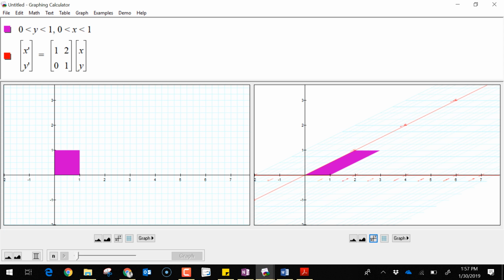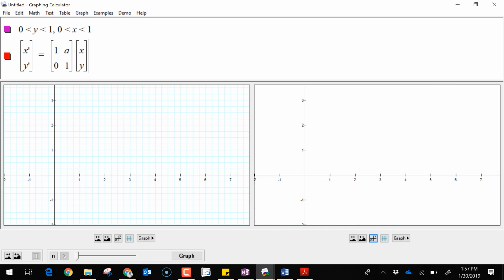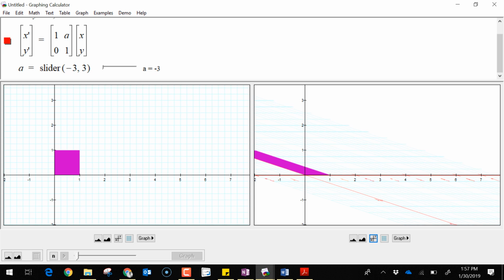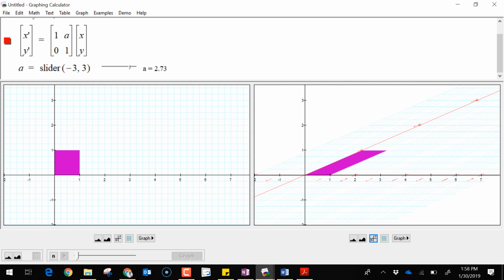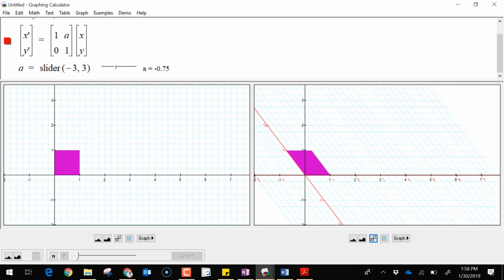Shear transformation. Actually, this would be funner if this was animated. So let's animate it. Well, that's this axis over here is actually this axis.